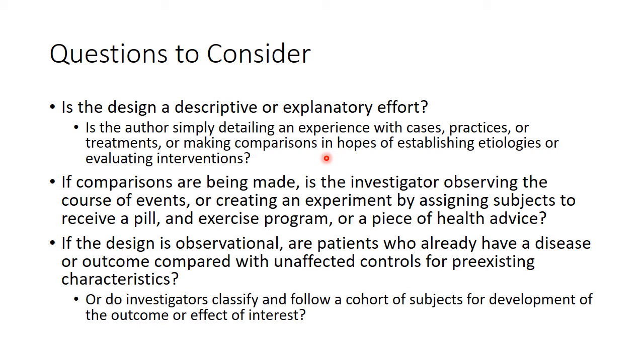If comparisons are being made, is the observer looking at the course of events, or are they creating an experiment by assigning subjects to receive a pill, an exercise program, or some sort of health literature or education? And if the design is observational, are patients who already have a disease or outcome compared with people who are unaffected, looking for pre-existing characteristics, or are we going to identify people with their risk factors and then see if they develop the outcome?